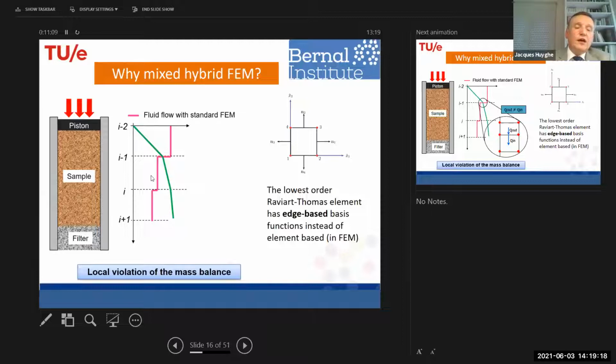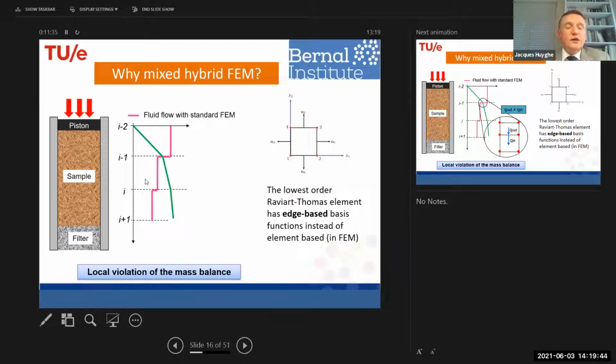We have a non-differentiability of this curve at the interface of the one element to the next. And the consequence is that if we calculate from Darcy's law, the flow is discontinuous across the element boundaries.